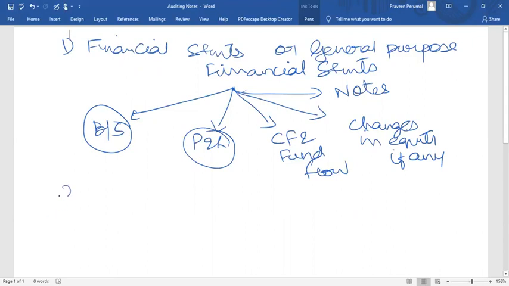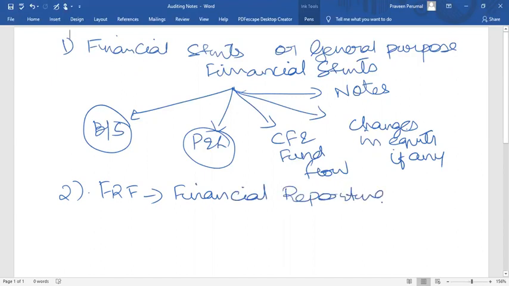Then you will also come across a terminology called FRF. What is the meaning of FRF? Financial Reporting Framework. Sometimes you will also see another word called AFRF.